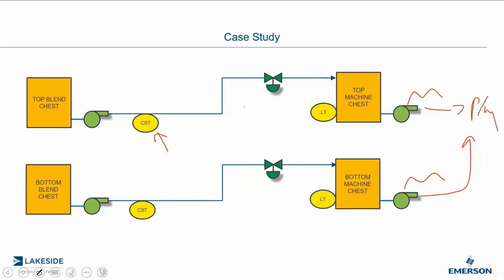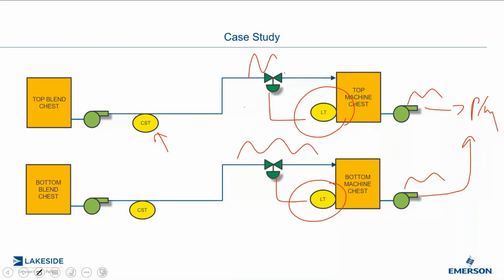I have level control here and level control there. So if my level controller has some sort of issue, then my flow here could oscillate. That can cause my consistency to oscillate as well, and that can get transmitted through to the paper machine, affecting the quality of the paper.